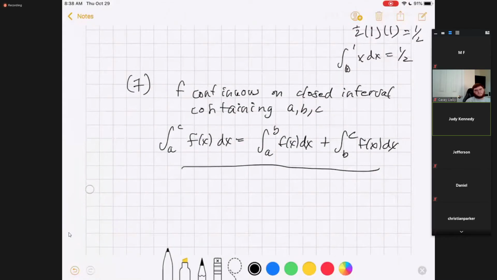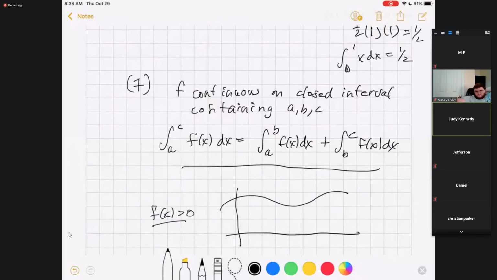Well, if f of x is positive, and that's not necessary for this rule, I just want to illustrate here what this is saying in terms of areas.